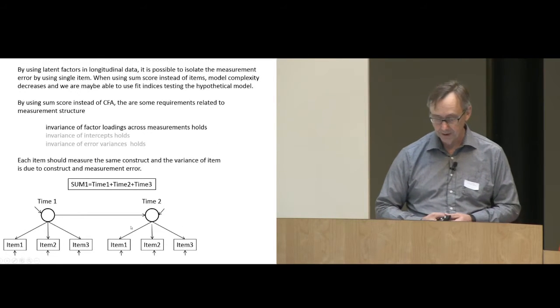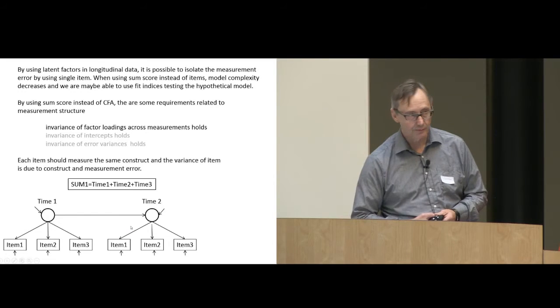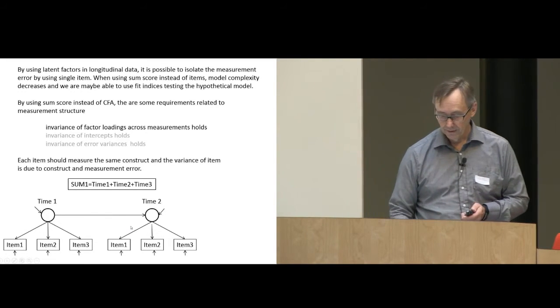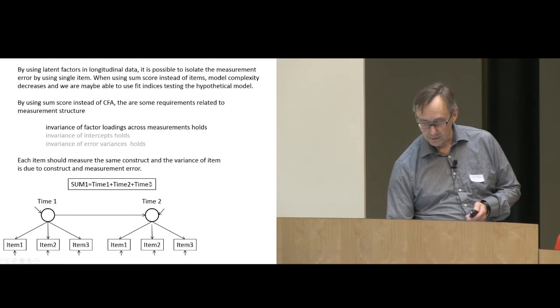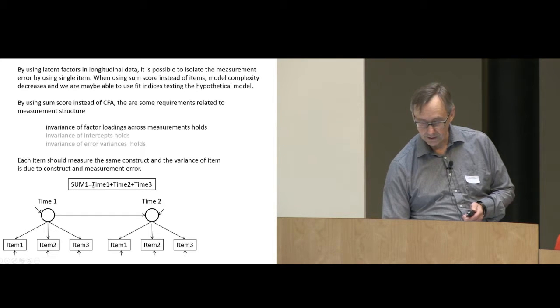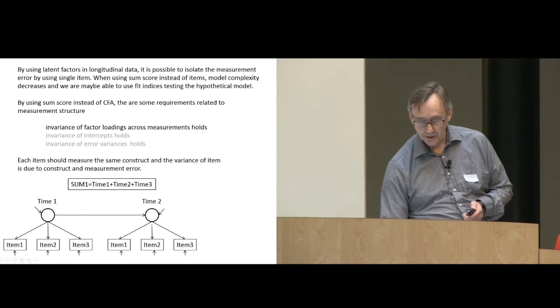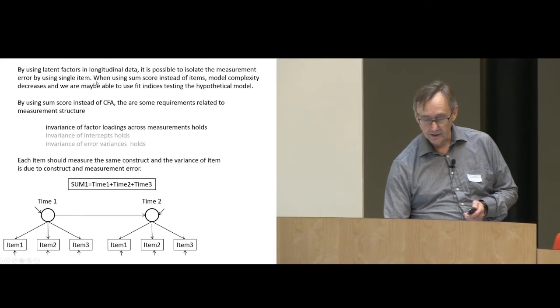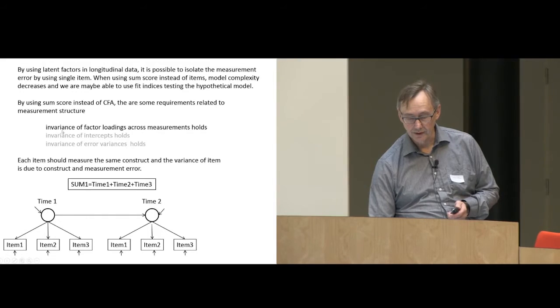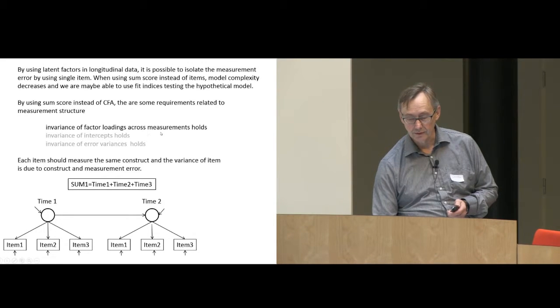But we can also use a sum score, one observed variable. We sum some items and then use only the sum values. Then we must think, or we can be sure, that invariance of factor loadings across measurements holds, at least.